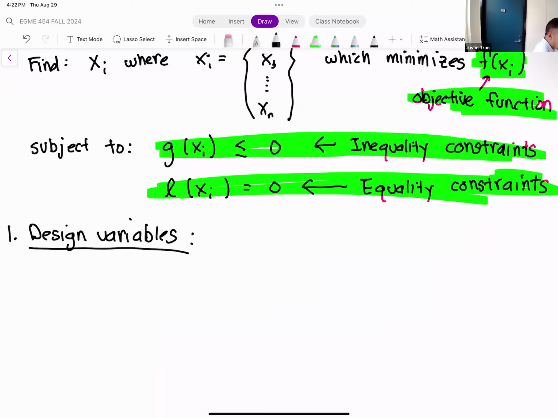This is probably the most intuitive part of that definition, because we've already seen it from the example earlier. So the design variables are the set of parameters that can be modified during the design process that can modify the performance of the system.